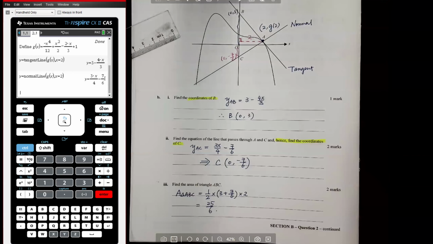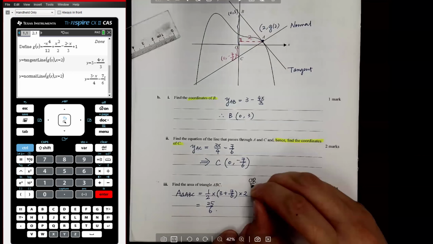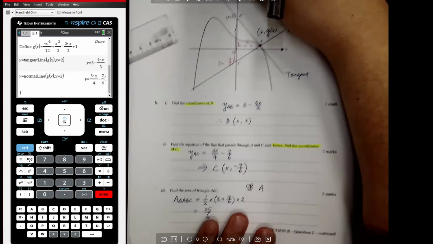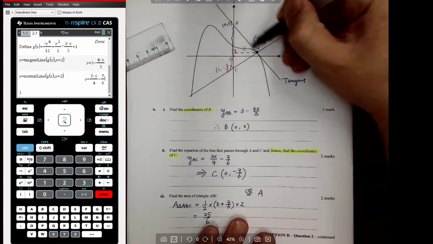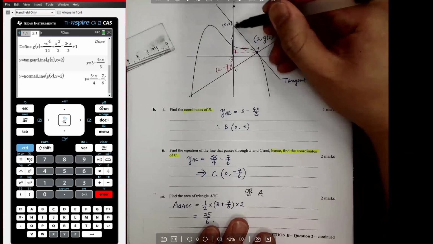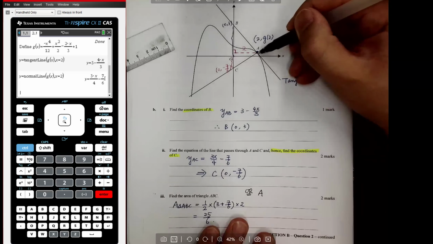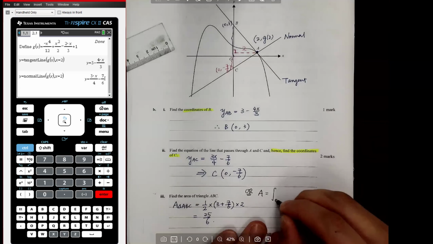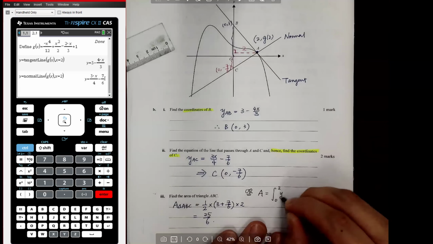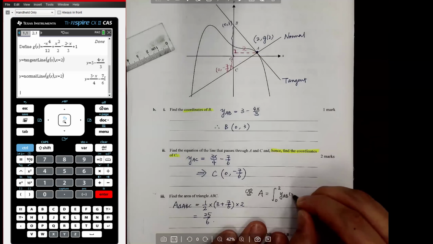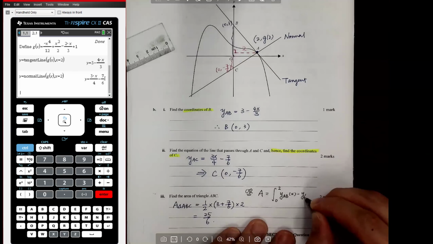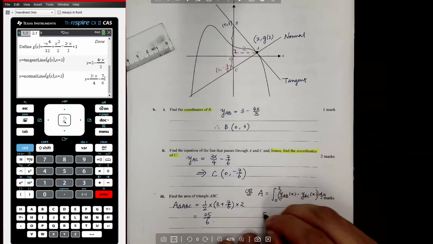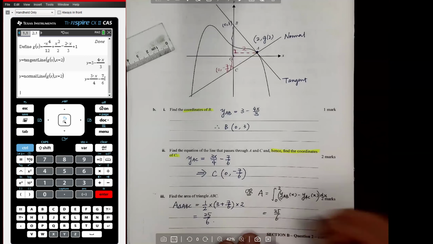Alternatively, you might want to say, okay, put an integral here, area of the region. If you look at the diagram, it's the upper function subtracting the lower function, integrated from 0 to the intersection 2. So we say area equals integral from 0 to 2. The upper function is y AB of x minus y AC of x dx. And that should give you the same result, okay?